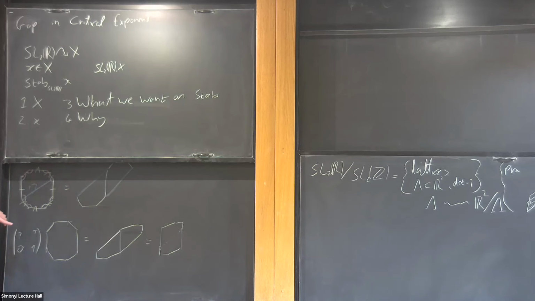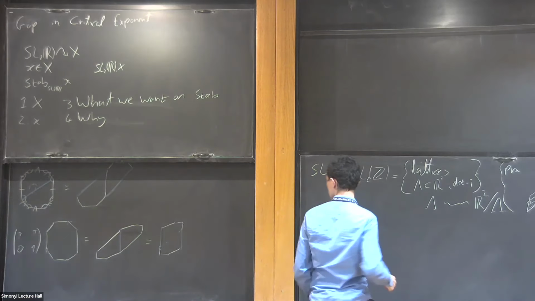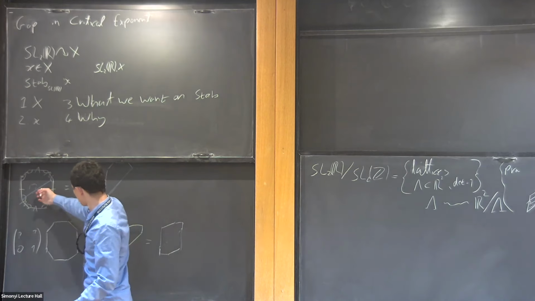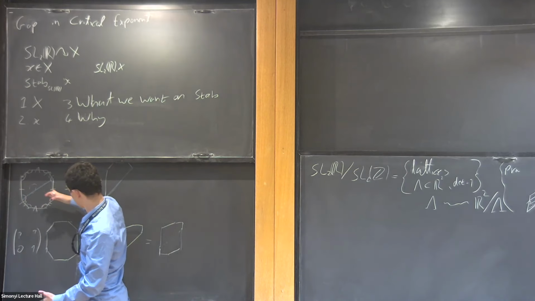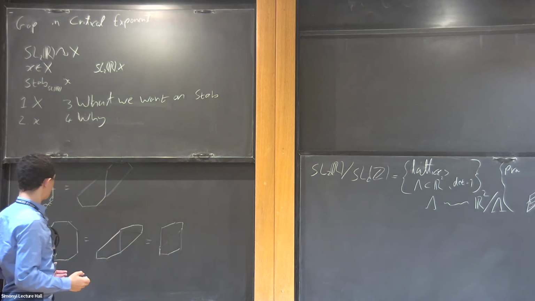Altogether, if we went around this point, we went 6 pi degrees, because for an octagon the sum of the angles is 6 pi. So we have a polygon, and when we glue certain edges, we get a surface with genus 2.